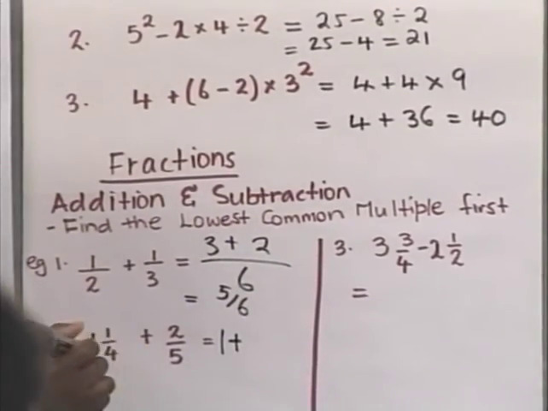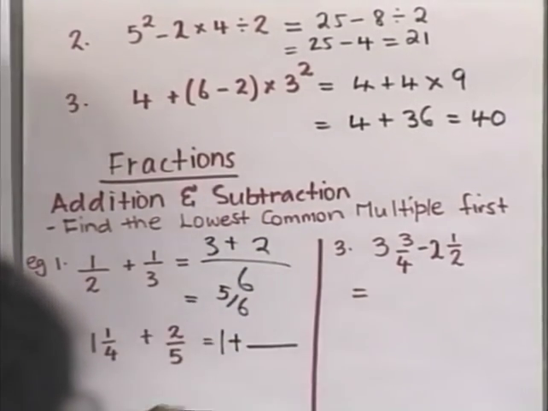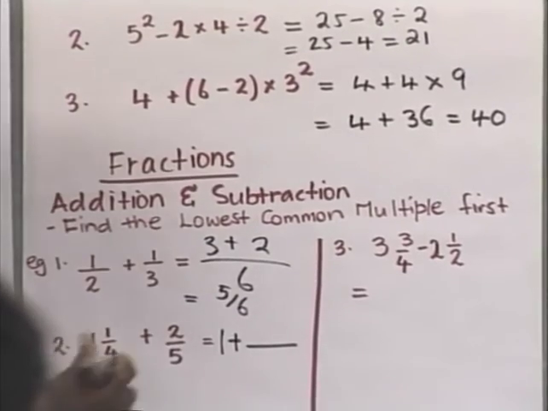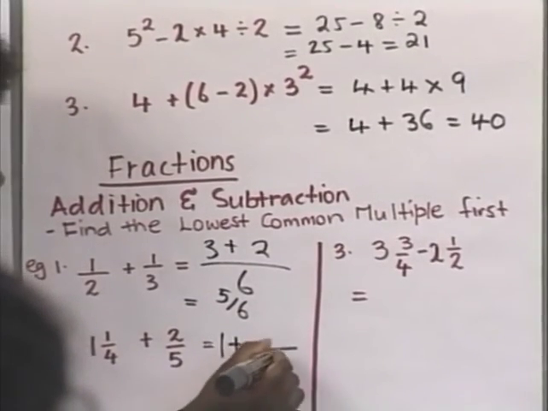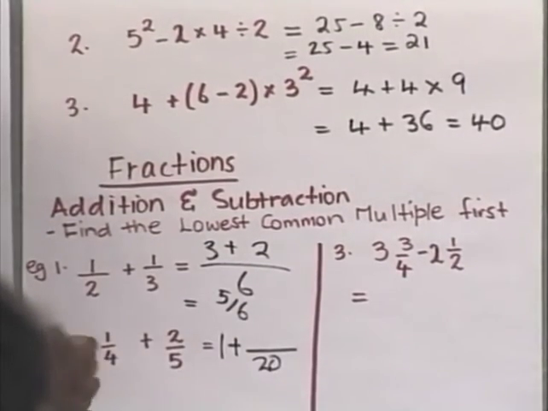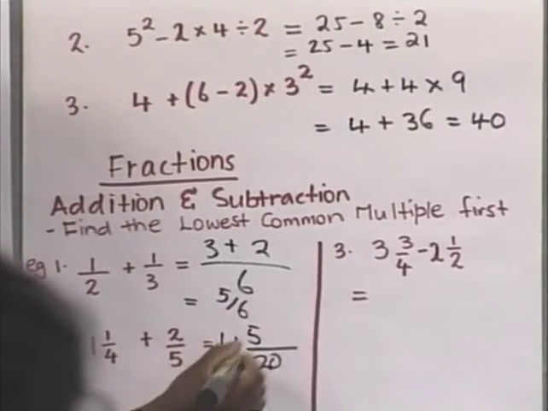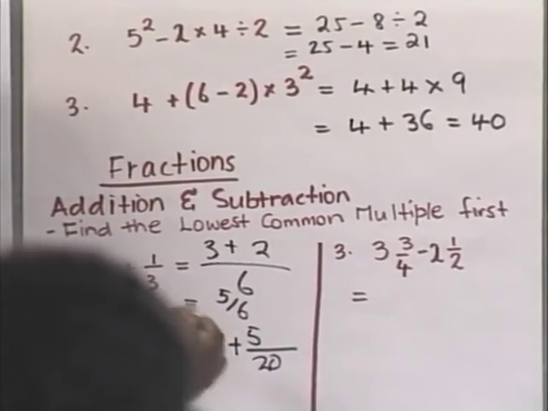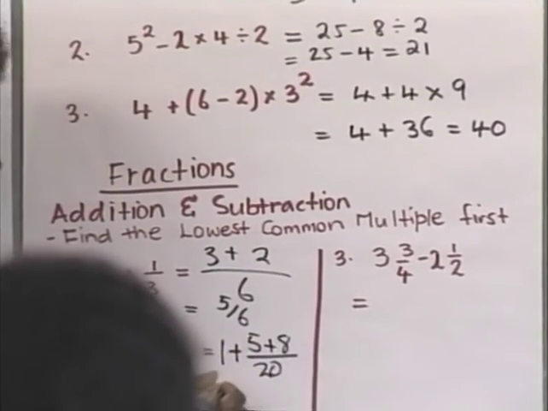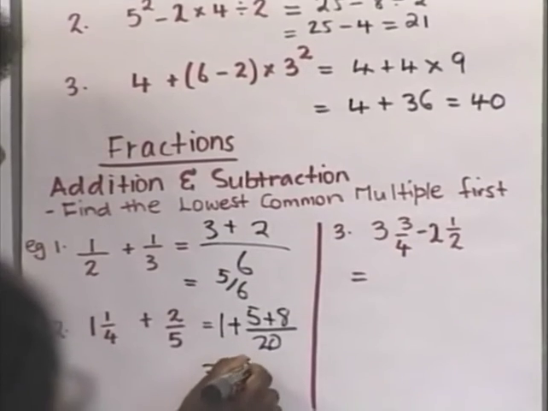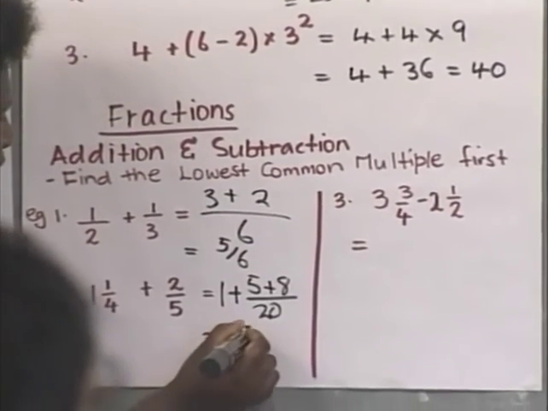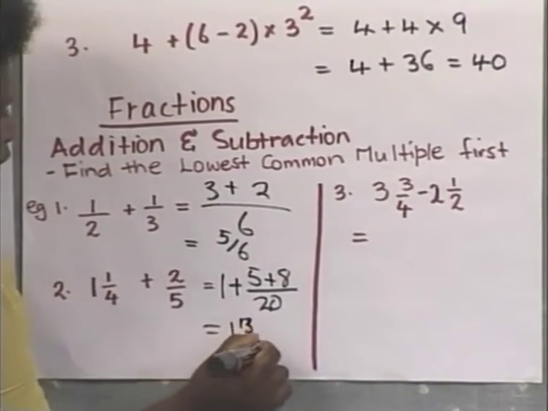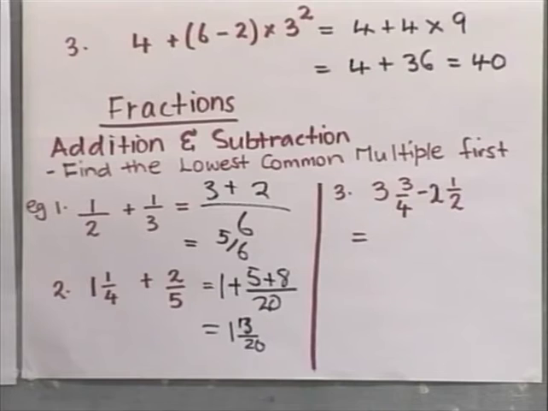Is that what you are saying? Yep. Okay, lowest common multiple of 5 and 4? 20. 20 divided by 4? 5. 5 times 1? 5. 20 divided by 5? 4. Times 2? 8. Okay, so it's 1 and 13 over 20. Okay, that's on addition and subtraction of fractions.